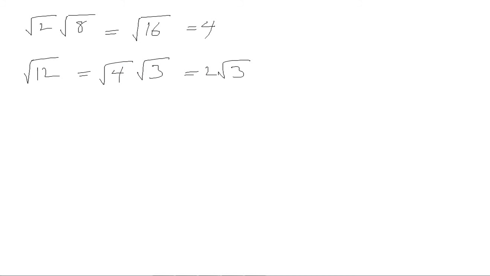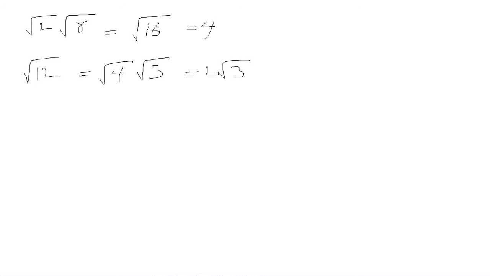When I'm doing this simplification, what I do is that I notice that this is a radical of index 2. So I ask myself, how can I decompose 12, factor 12, and write it as the product of a perfect square and another number? I can write 12 as 2 times 6, but none of them are perfect squares. 2 is not a perfect square and 6 is not a perfect square.